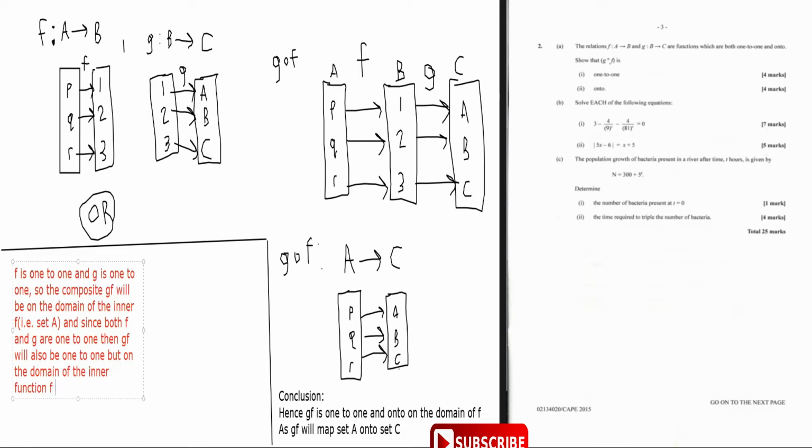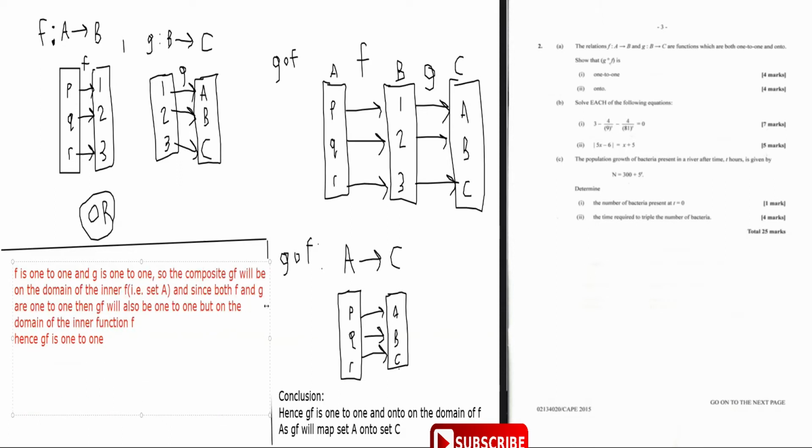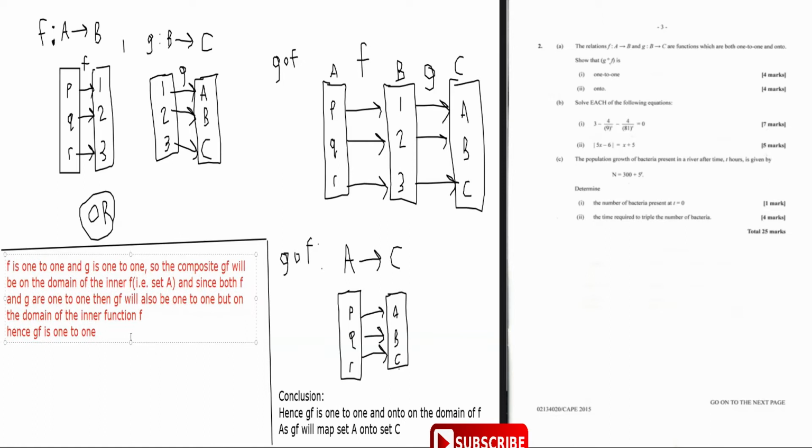Hence, g of f is 1 to 1. Right? This is if you wanted to show them that you have your functions knowledge, you know what you're talking about. It's always on the domain of the inner function. So you can tell them that. All right, nice and easy.